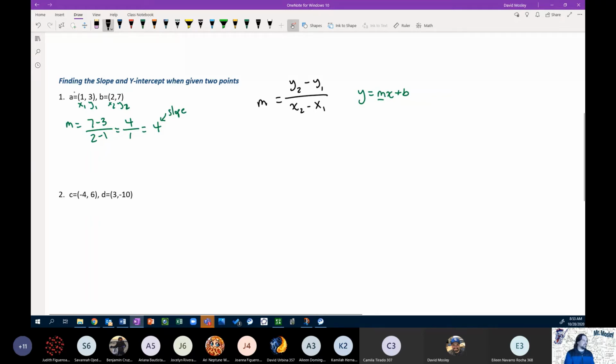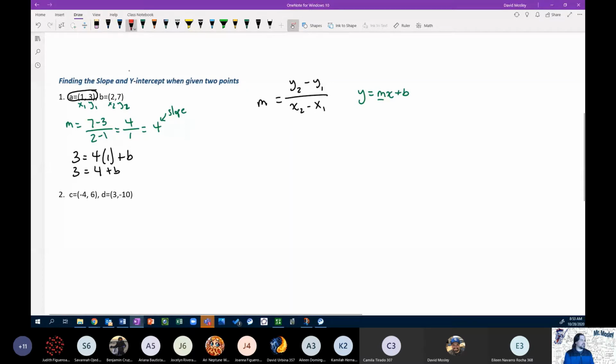So say we pick point A. We replace y with 3, we have a slope of 4, replace x with 1, and write b as the variable. And we get 3 equals 4 plus b.